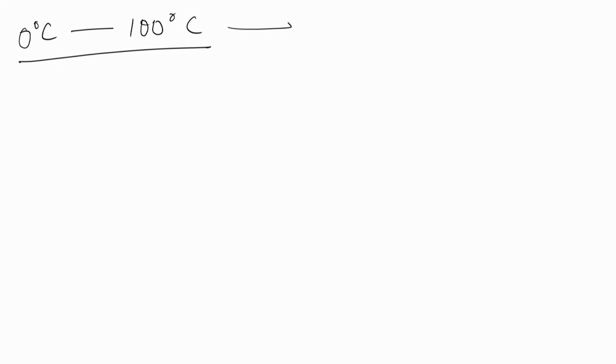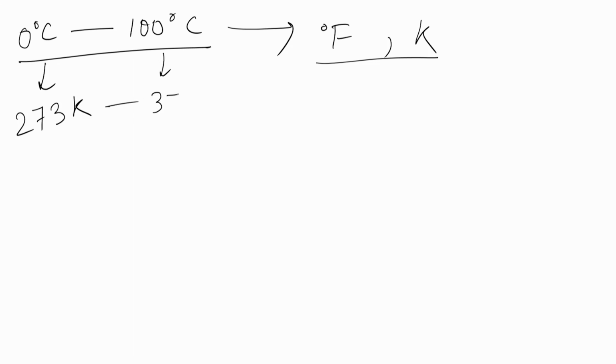Now there can be thermometers in Fahrenheit scale as well as in Kelvin scale. For that, we need to convert these degrees to the different scales to get the range of thermometers in these units. For Kelvin, it is very easy. The range will be 273 Kelvin to 373 Kelvin.